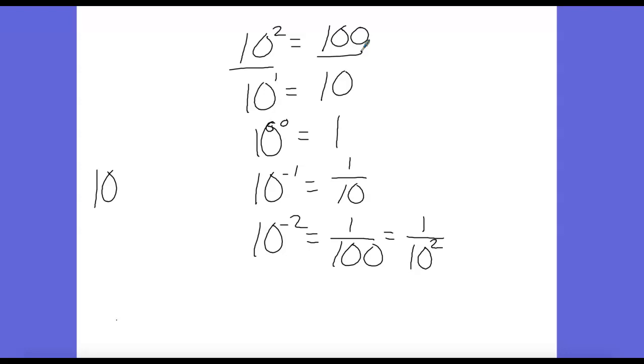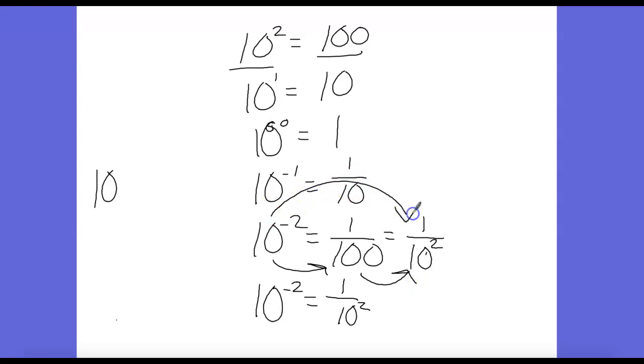If I have 100 on bottom, that's the same thing as 10 squared on the denominator? Okay, so then can I say that 10 to the negative 2 is the same as 1 over 10 squared? Yeah. Because if this is the same as this, which we already proved, and this is the same as this, then this should also be the same, right?